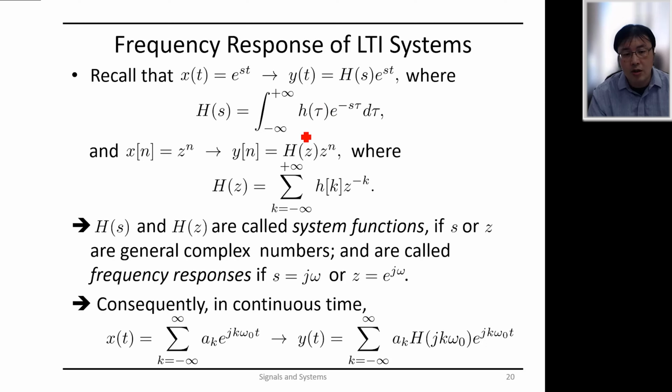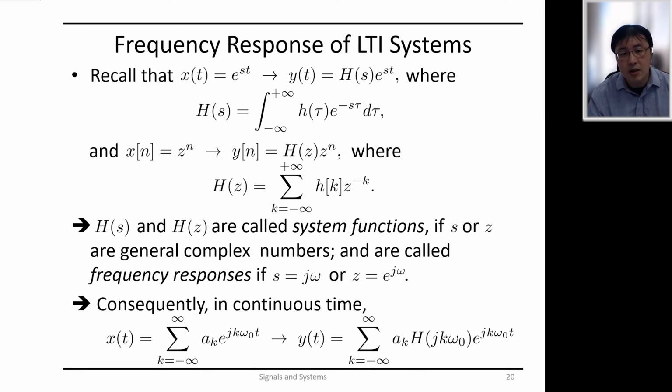This is also true in the discrete case, where if you input x of n equal to z to the power n, you get the same z to the power n at the output, scaled by the gain h of z, which you can also compute from the impulse response.